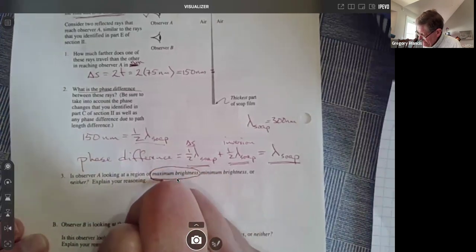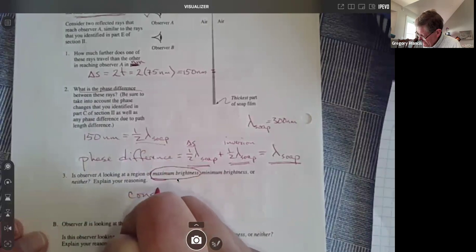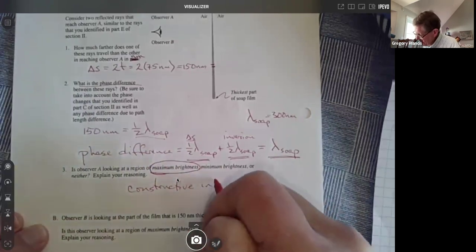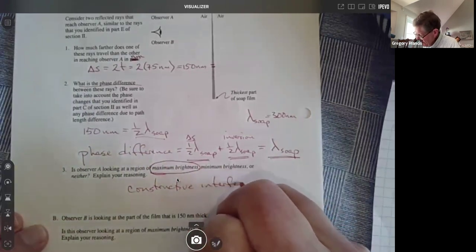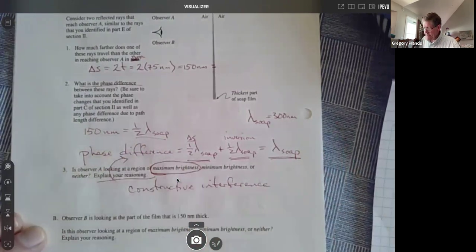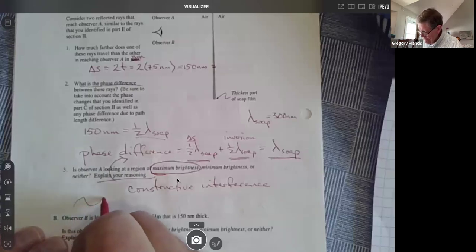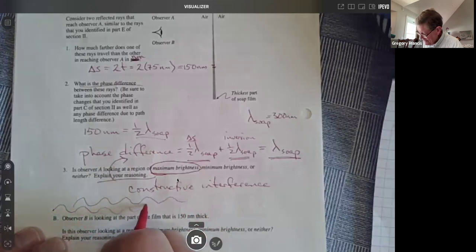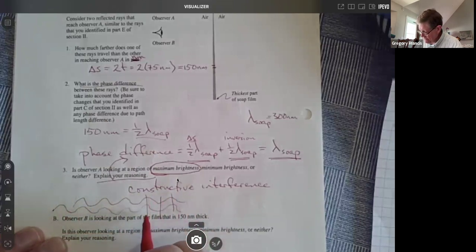That's going to be maximum brightness, or constructive interference. And the reasoning is that if one wave is going and the other wave is just one wavelength behind, I'm still going to have crest to crest and trough to trough.